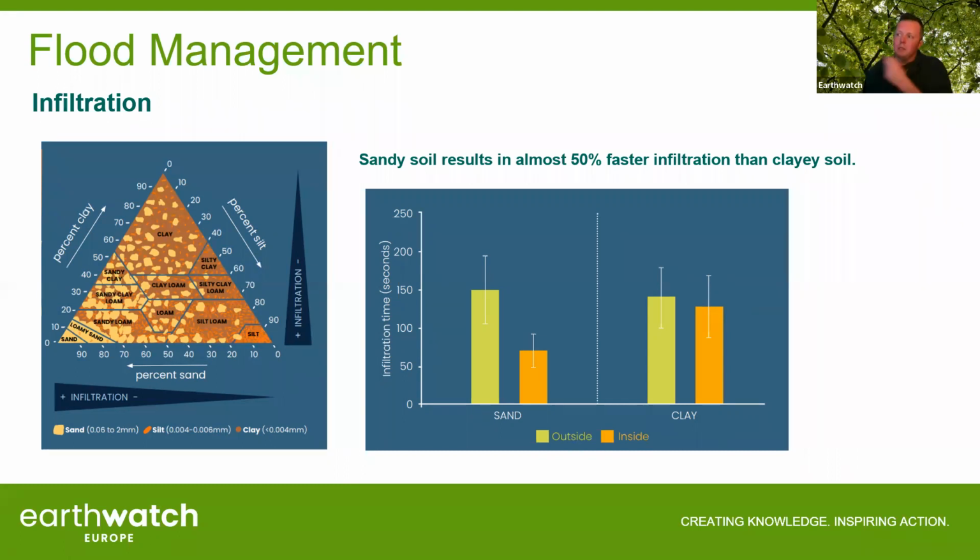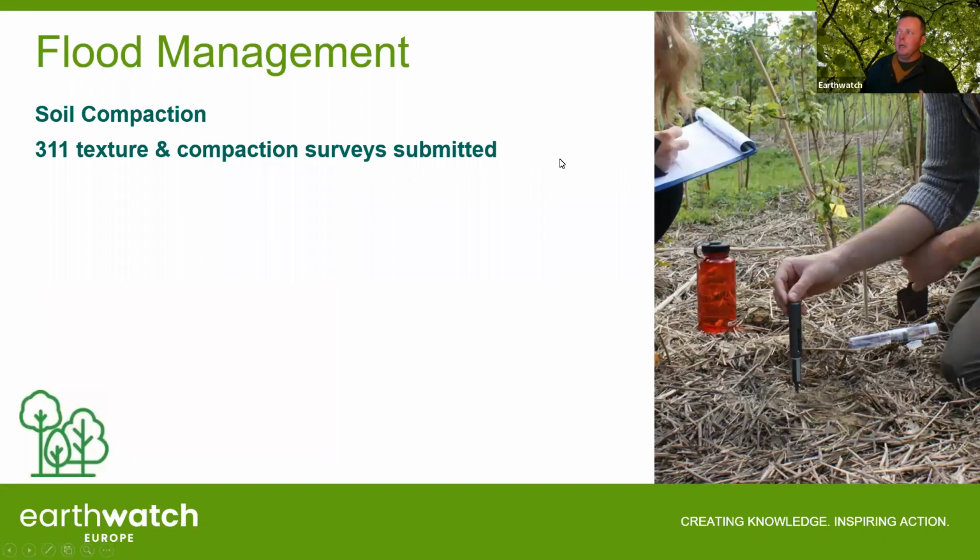So at the moment, this is just looking purely at the conditions outside the forest and inside the forest to do with the soil preparation we've done. But to understand that better we need to understand the compaction of both those two areas as well.